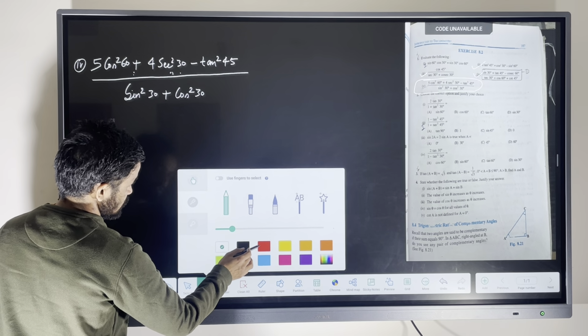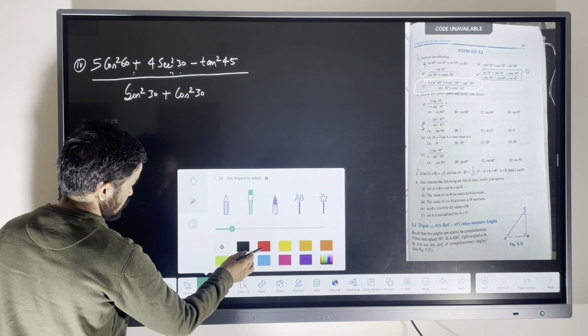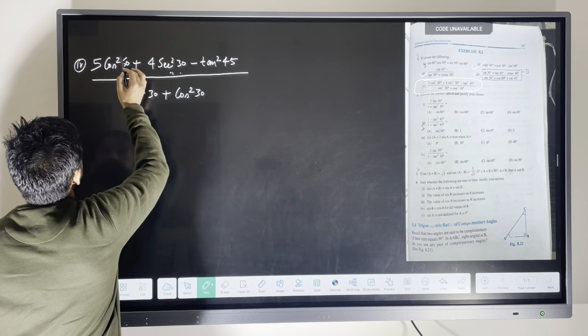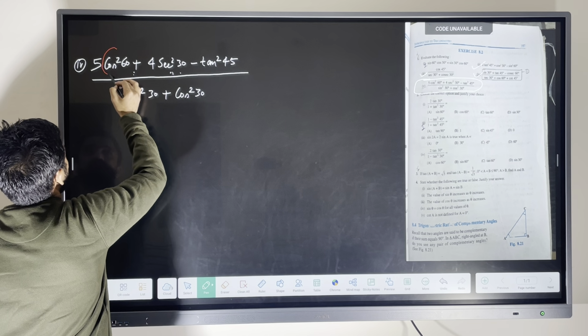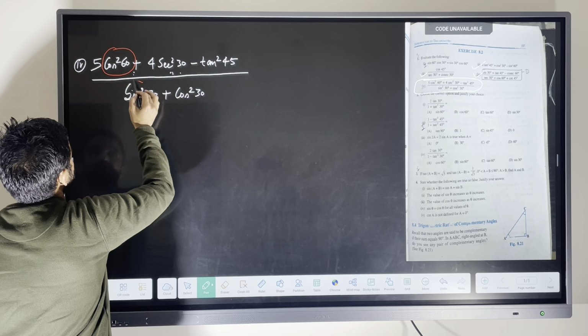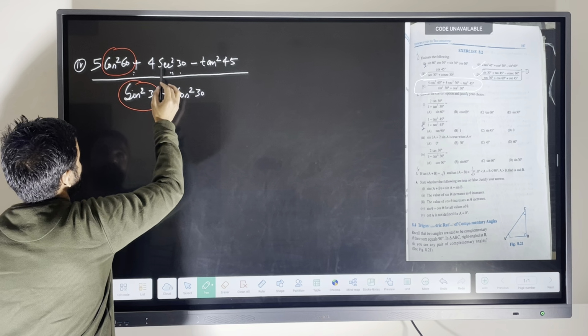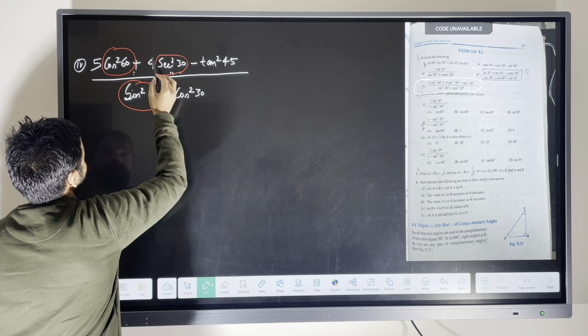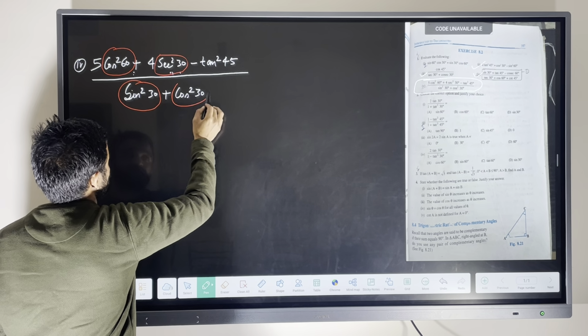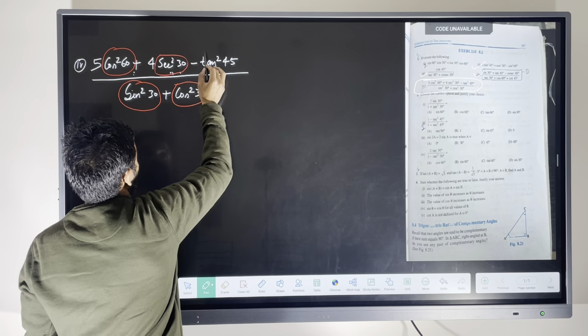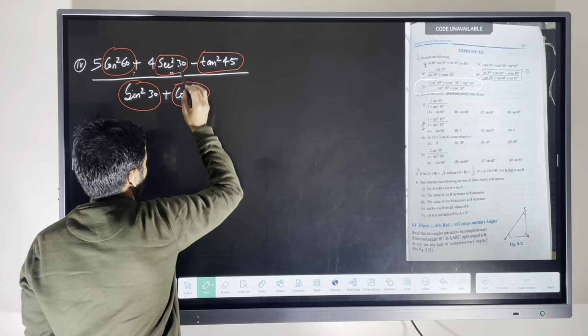So let's see here. We have cos square 60, sin square 30, sec square 30, cos square 30, and similarly tan square 45.